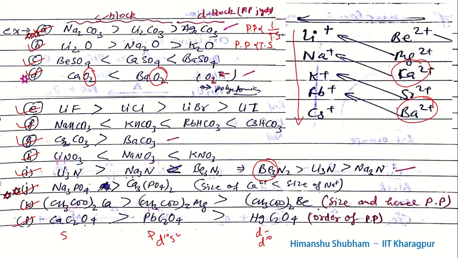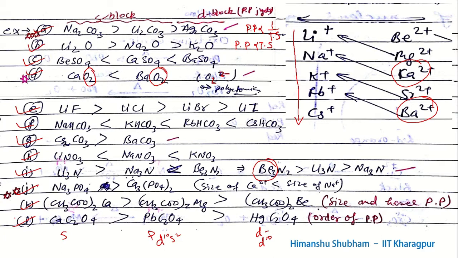So we can order the polarizing power, and since we know that the s block cation shows the least polarizing power, its thermal stability will be maximum since we are dealing with polyatomic anion, and this will be followed by the p block compound and finally the d block compound.